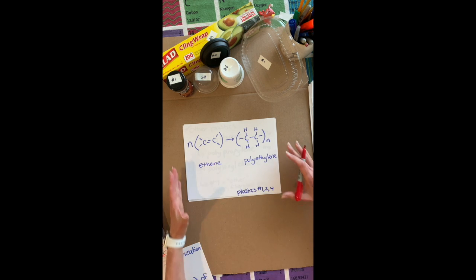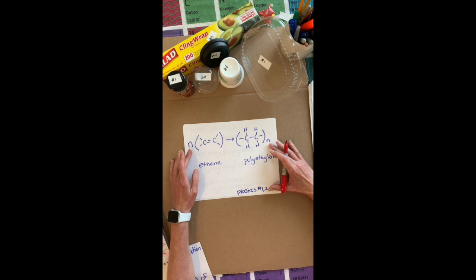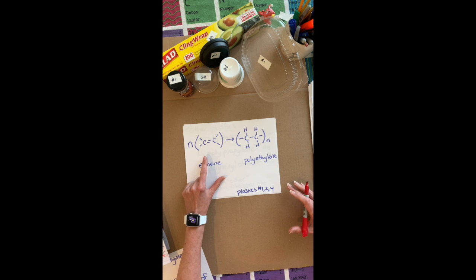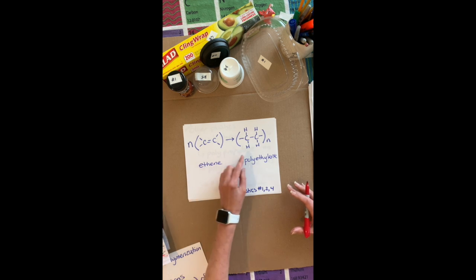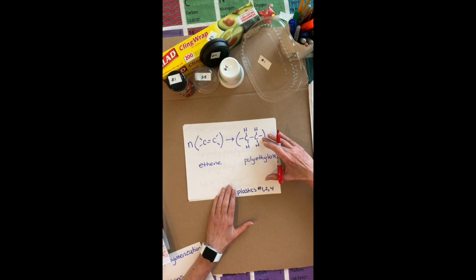So the way you're going to see it represented is with brackets, or in this case parentheses, and the letter n. You might have a letter x there, but these letters refer to some large number. So we could have 2,000 ethenes bonding up to produce polyethylene, and representing that polyethylene, there's x number of this representation.